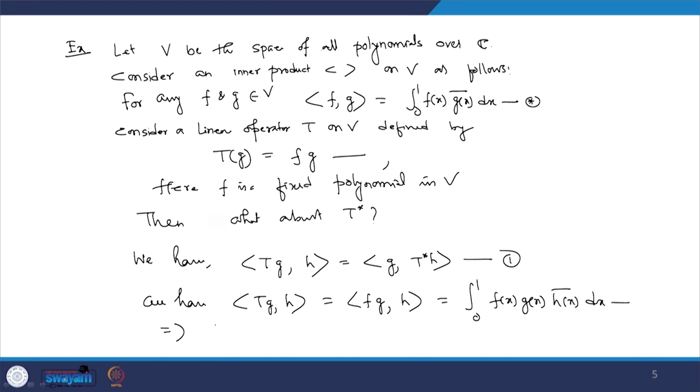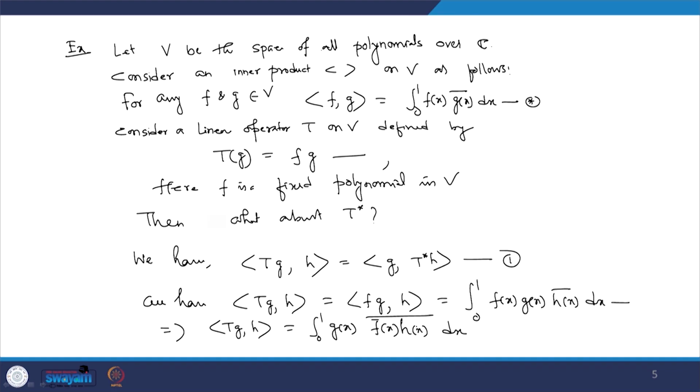So, this implies the inner product of Tg and H equals the integral of g of x times f of x h of x whole bar dx. I can rewrite it like this without changing anything.